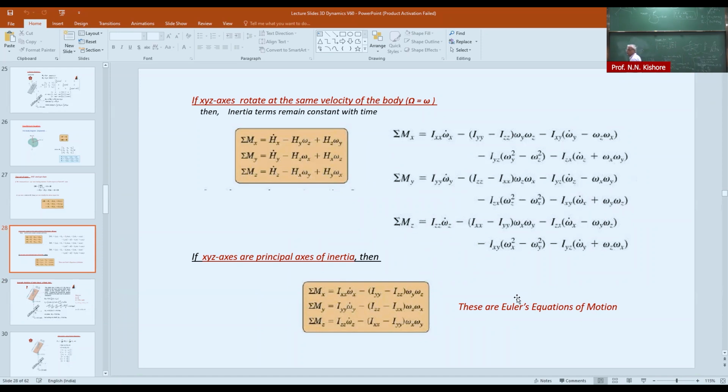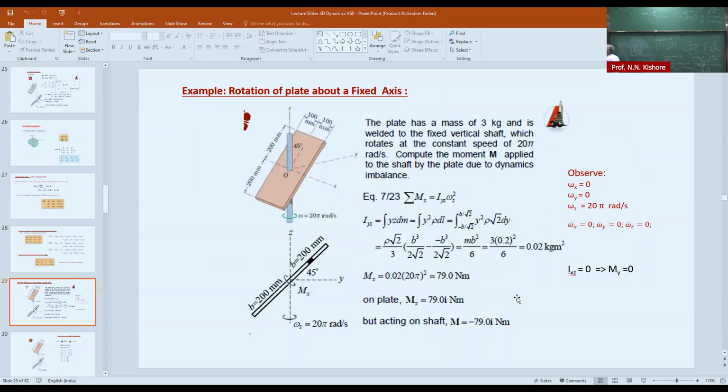So if you want to do the problem with respect to x, y, z, where z is the vertical and x and y are the horizontal axes in the horizontal plane, these are not the principal axes. Okay, so we can do it. There are several ways of doing the problem. In this case, we are just sticking to the x, y, z fixed axes.